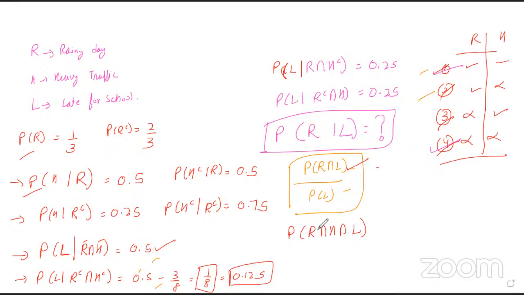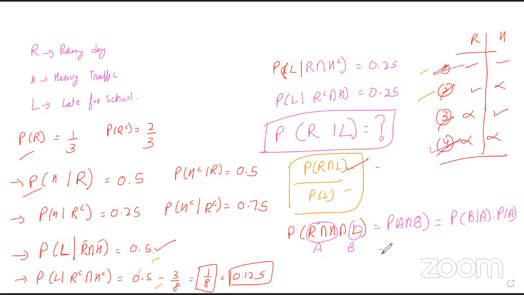Let's say this is your event A, R intersection H, and this is your event B. So how can you write probability of A intersection B using multiplication rule? You can write B given A into probability of A, right?